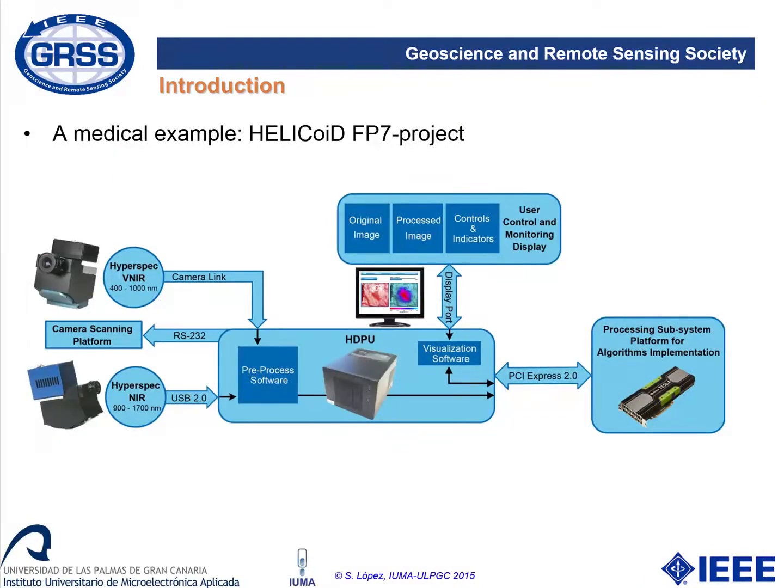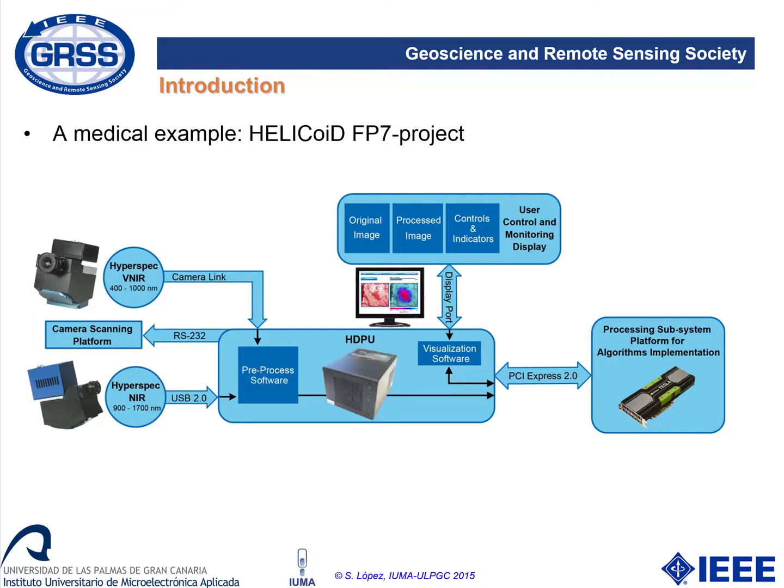So you can have here a better idea about this project. At the left part of the slide, what we can see are the two cameras that we are using. We are using a hyperspectral camera that covers the visible and near infrared range, and the other camera covers the near infrared range, more or less from 900 to 1700 nanometers.